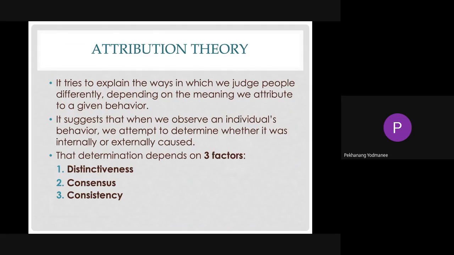Our perception and judgments of a person's actions are influenced by the assumptions we make about that person's state of mind. Attribution theory tries to explain the ways we judge people differently depending on the meaning we attribute to their behavior.